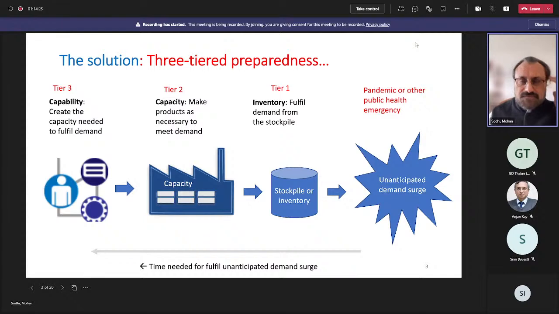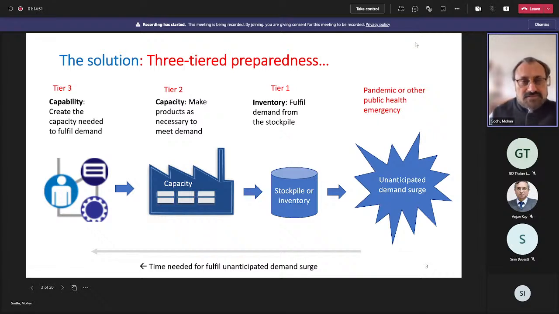So the solution for this problem of preparedness: clearly every country in the world was unprepared. Or it may have been prepared somewhat, but overall at the national level, forget the global level, we were hopeless and still continue to remain hopeless. But even at the national level, it doesn't matter how rich or poor a country was, they were hopelessly underprepared.